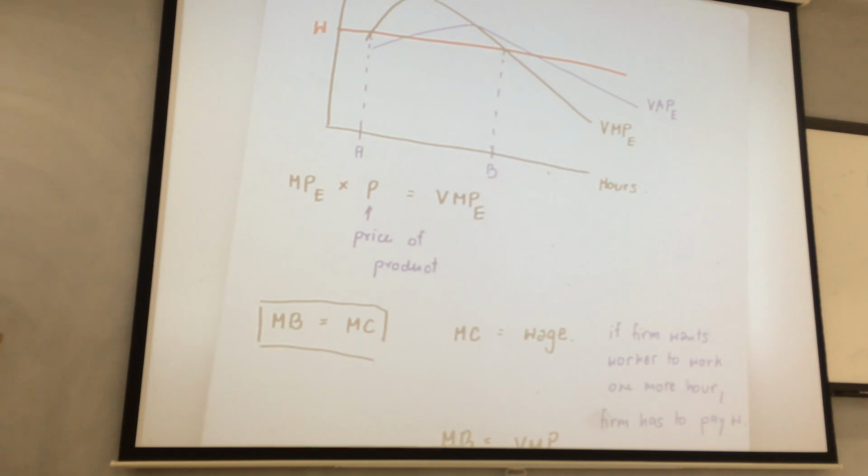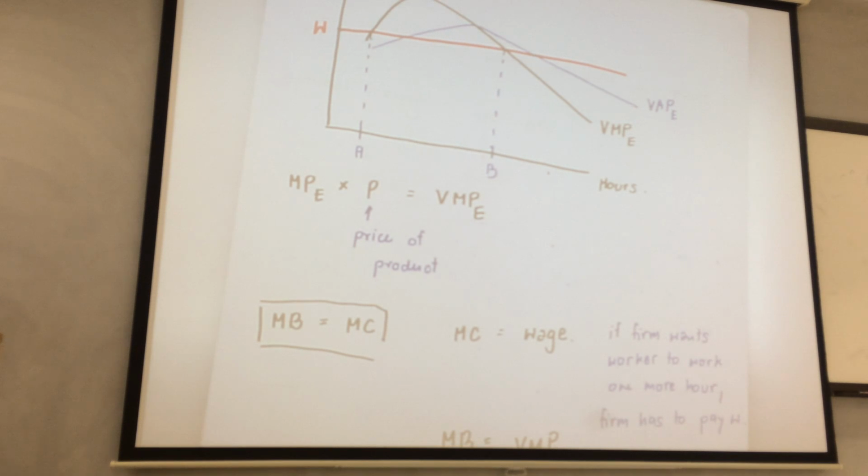After marginal benefit equals marginal cost, the cost might be higher than the benefit, right? If your marginal cost is higher than your marginal benefit, you will want to stop before that. You want to produce until the marginal benefit equals marginal cost.